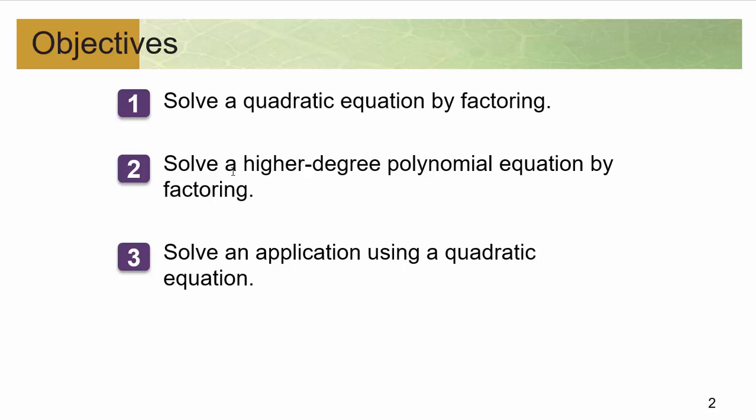And then always keep in mind that there are things that are quadratic in form, right? So you always want to be looking for things like, we've seen these examples, 16x to the fourth plus 3x squared minus 7.